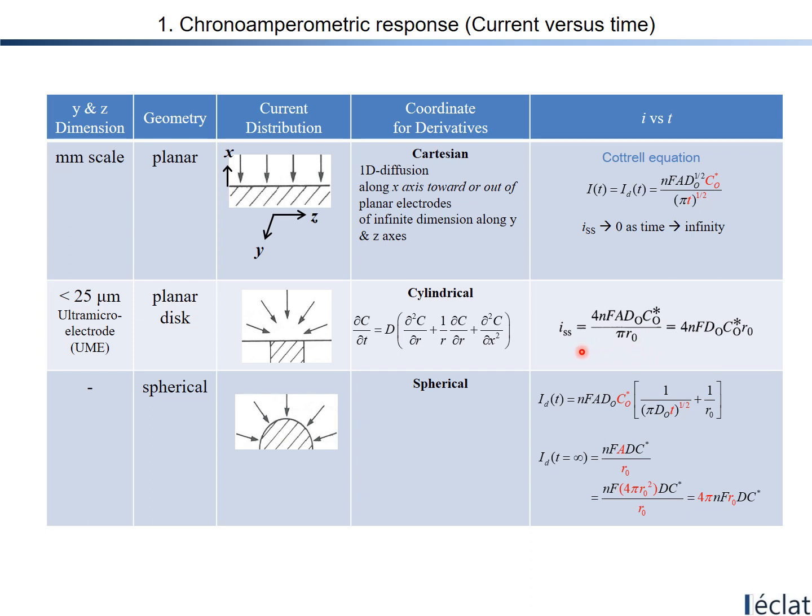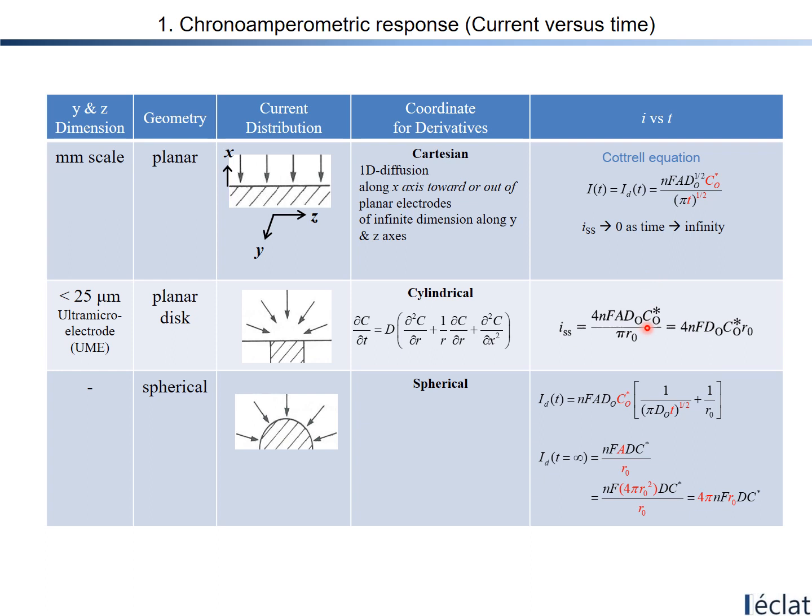So let me check the steady state current for this planar disk ultramicroelectrode. The current at steady state should be zero for the Cottrell equation, or for the large planar electrode systems.